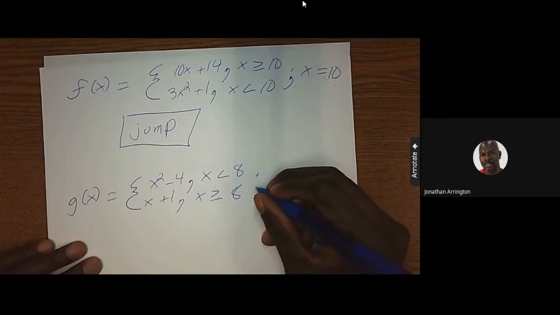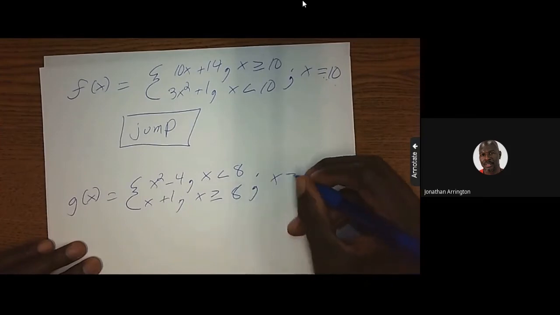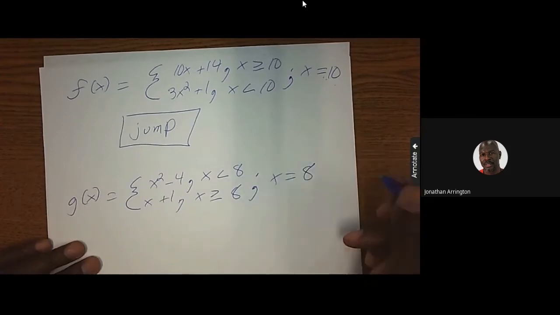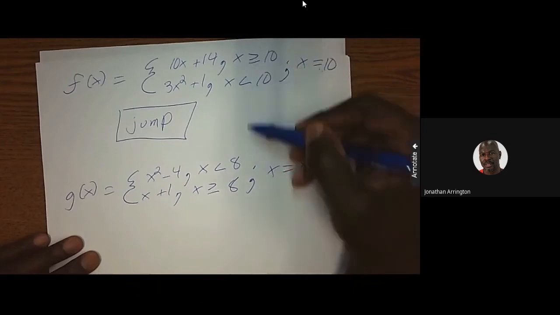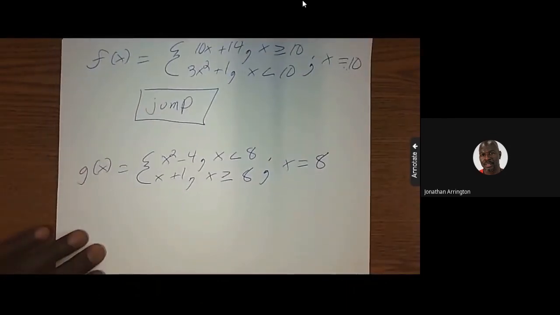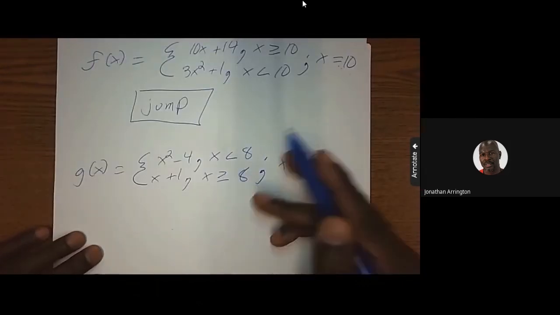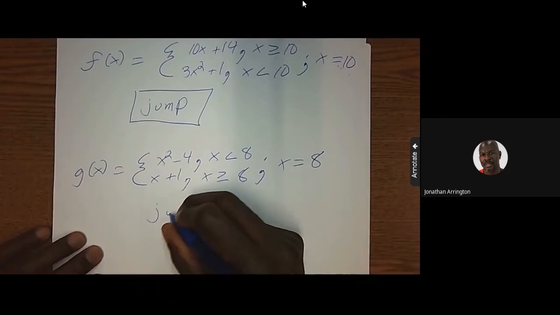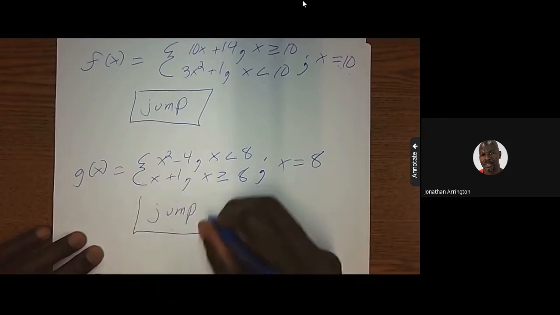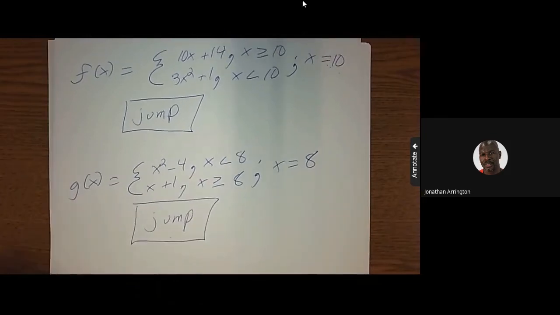Excuse me, check continuity at x equals 8. I say excuse me because I didn't mean to write the same symbols, but since I did, I'll just stick with it. And let's see, piecewise function, less than, greater than, jump. That's simple.